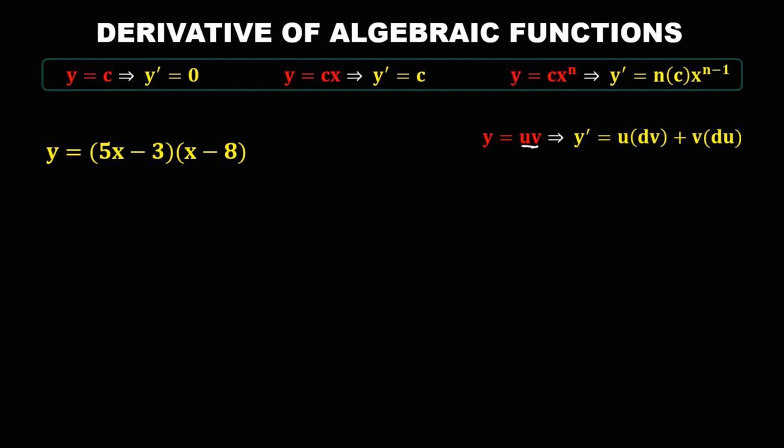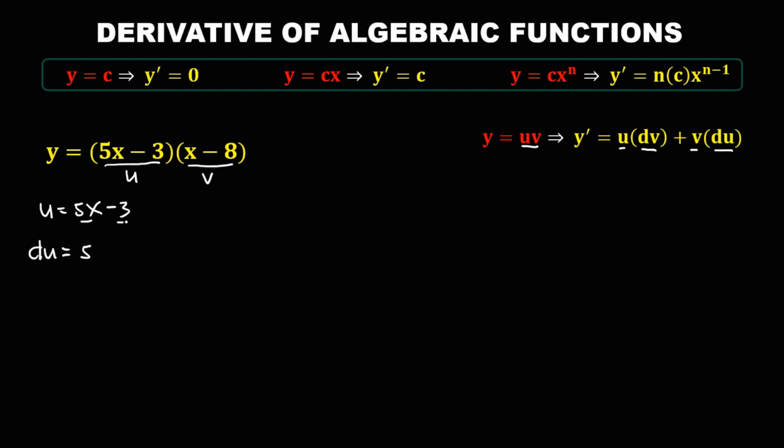So u times v, this is u, and this is v. To find the derivative, we have u times the derivative of v and v times the derivative of u. So u equals 5x minus 3 and du equals the derivative of 5x, that's 5.